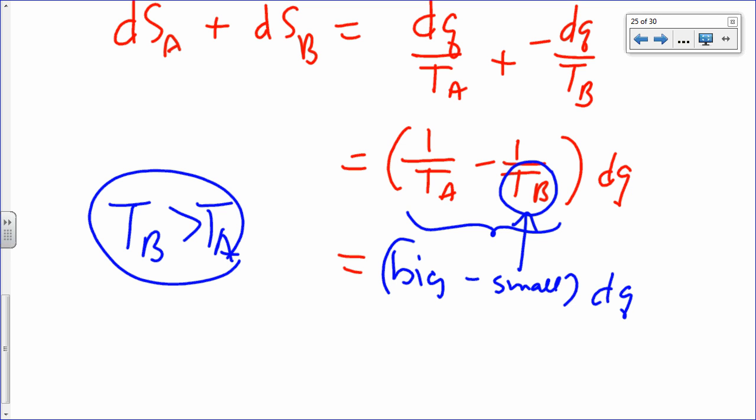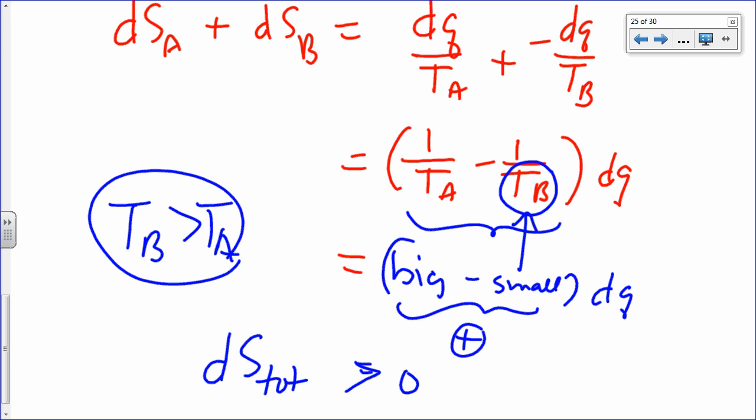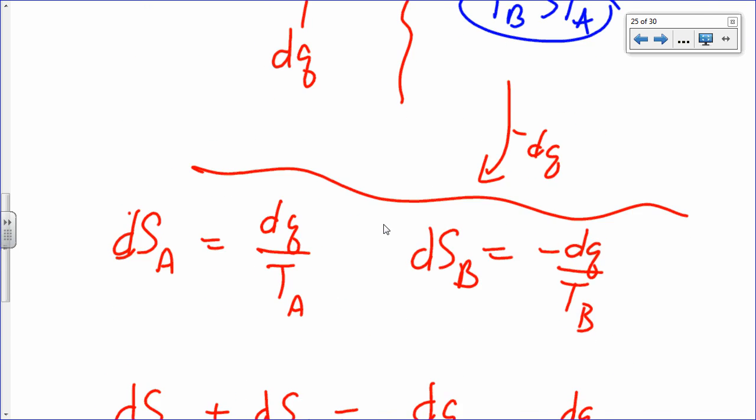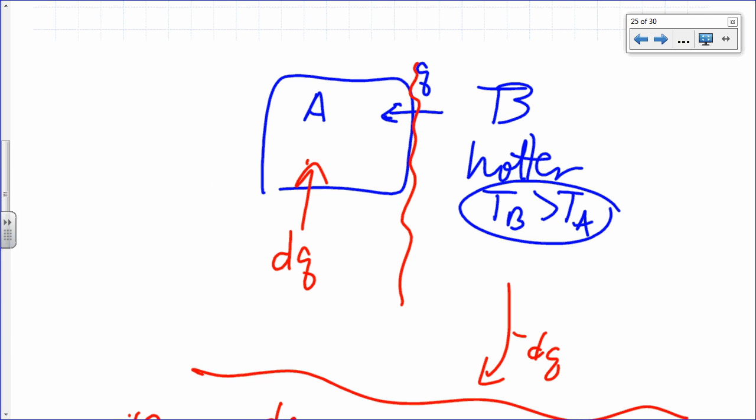Times dq. So this thing is positive. So your dS is positive. The total dS, the total entropy change for that reversible transfer, okay, is positive. So that would be the delta S for the transfer of dq from B to A.